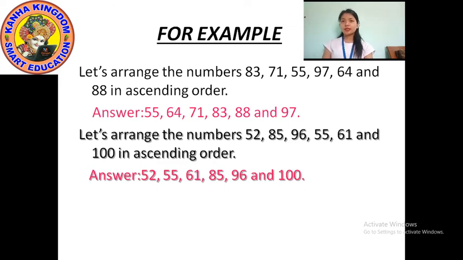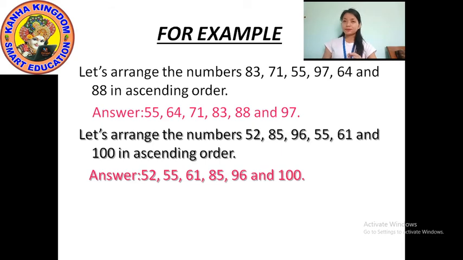The third smallest number is 61. After 61, which number will come? 85, right? After 85, which number will come? 96. And after 96, which number will come? Obviously 100. 100 is the biggest number.